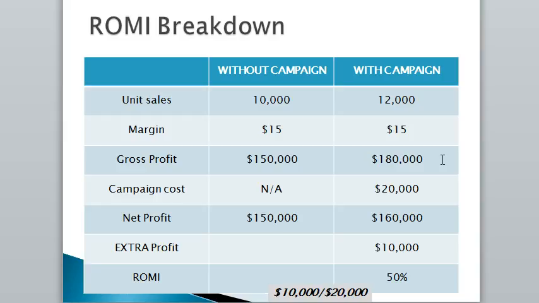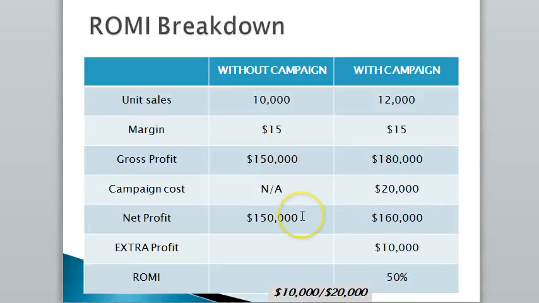So our revenue coming in, what appears to be our top-level profit, is $180,000, which is obviously a lot more, but we spent $20,000 generating that, so we have to take the $20,000 off. And the profit contribution of the product for that period of time is $160,000, which is an extra $10,000.